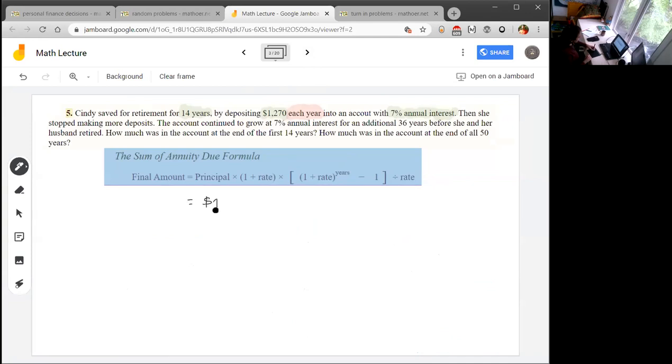So the principal is 1,270. 1 plus the rate. Let me space things out a little bit. So 1 plus the rate is 1.07. 7% is 0.07.